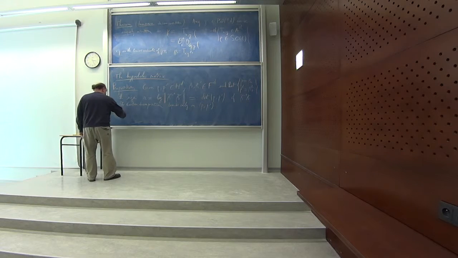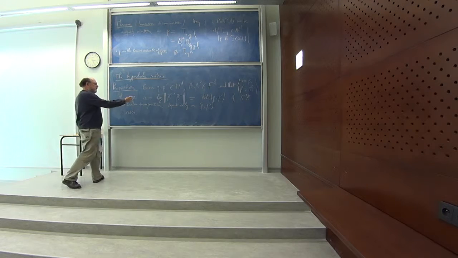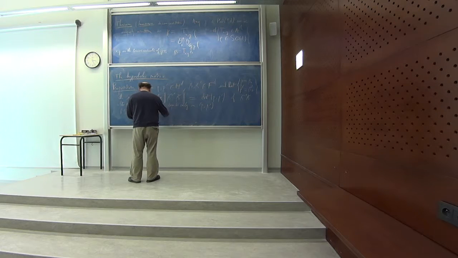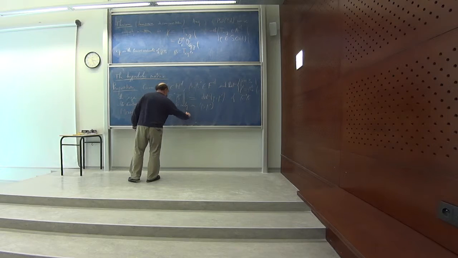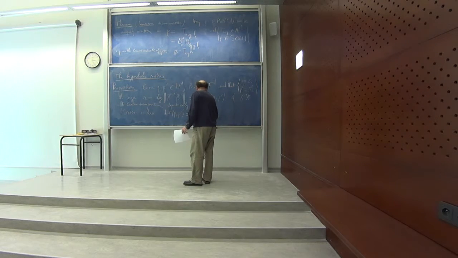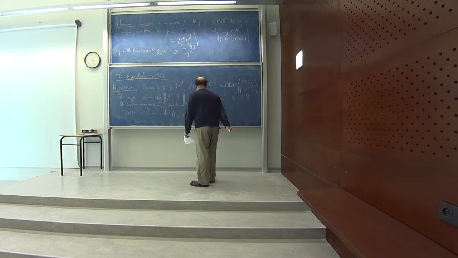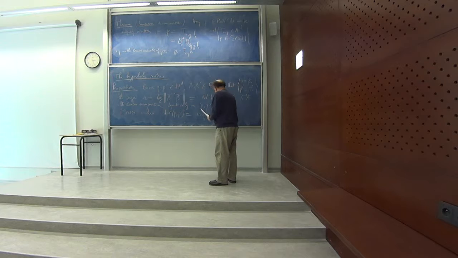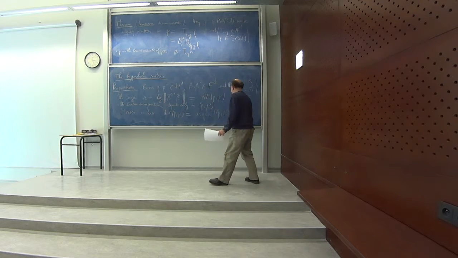Moreover, we have an easy expression for that. Moreover, we have merely distance between P and P prime is the inverse hyperbolic cosine, maybe not like that, of P prime product.